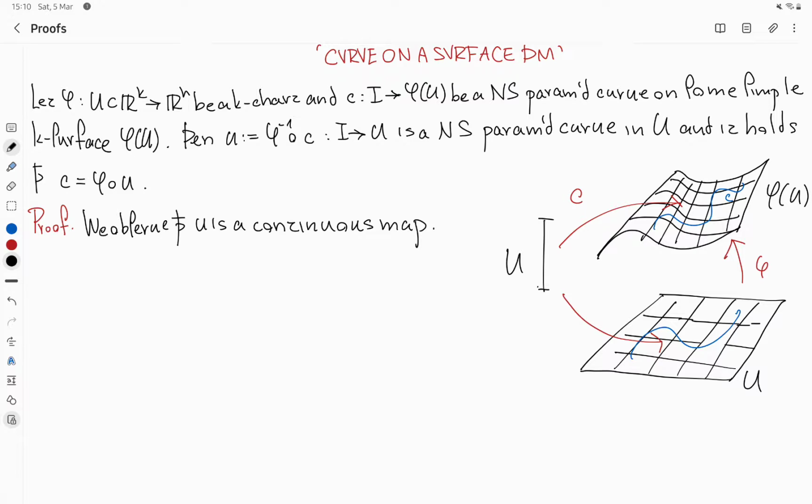Well, here we have the definition of u, and as we can observe, C is continuous. It is in fact smooth because it is a curve. We only consider smooth curves. And phi is a chart, meaning that it is a homeomorphism, and as such it has a continuous inverse. So u, as a composition of two continuous functions, is continuous.